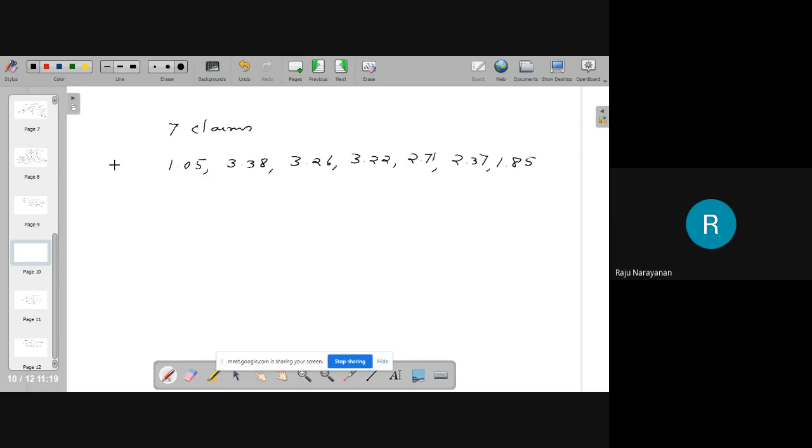Find the MLE of c. There is only one parameter, c.